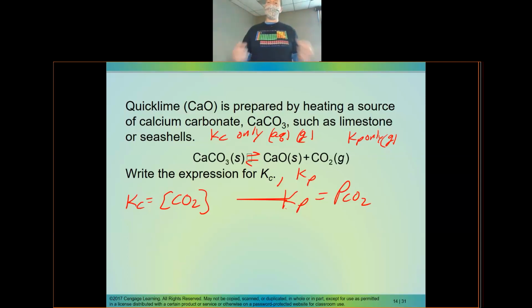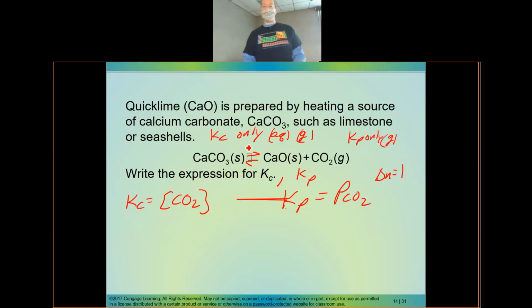All right, so if you have solids or liquids, you always ignore them. If you are doing Kp, you also ignore any aqueous. For Kp, you only put in the gases. And so here we see that delta N would be 1. I see it because here is pressure. So delta N, I know, is going to be 1.